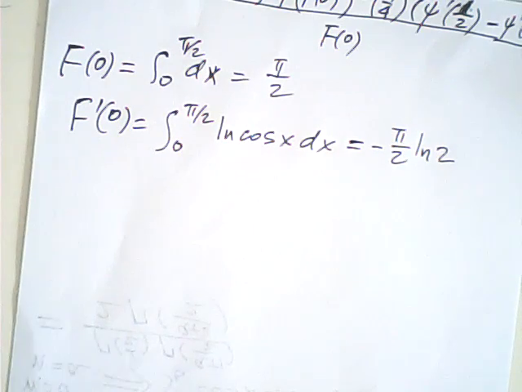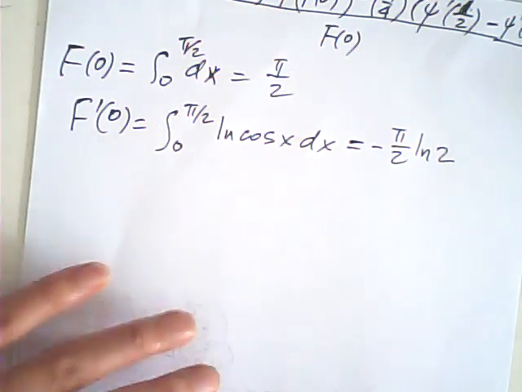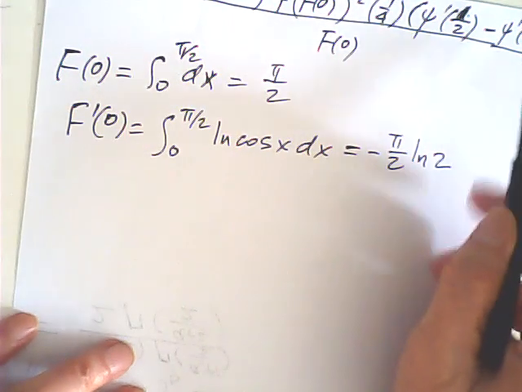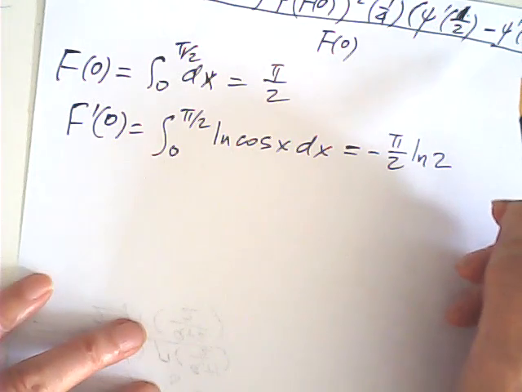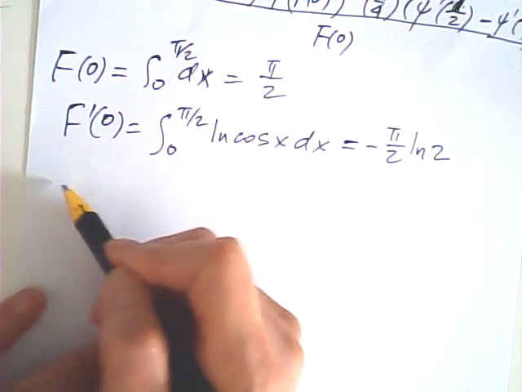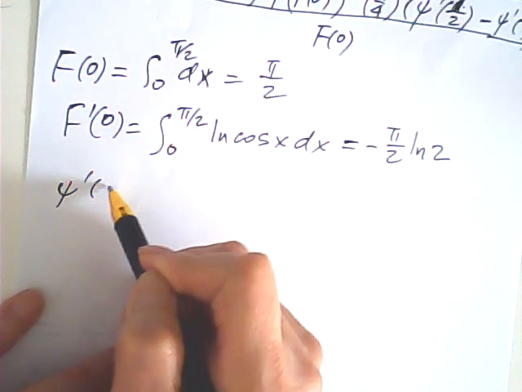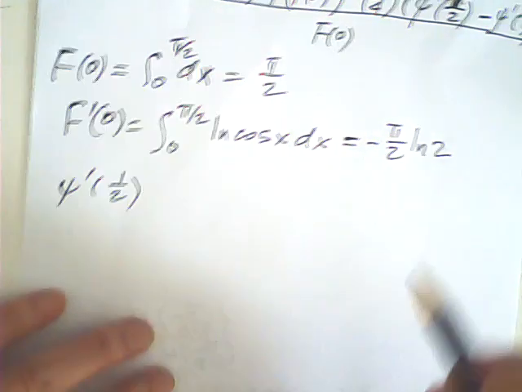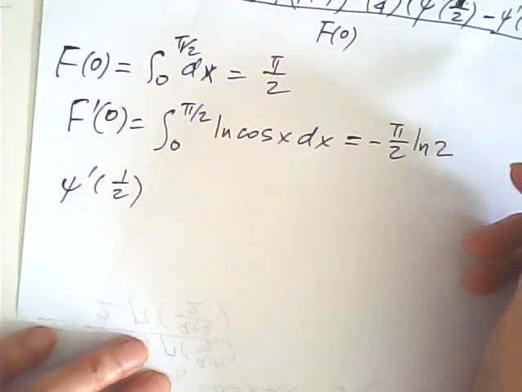This should be okay. Now, what are left? We need this. We need that, right? We need trigamma of a half and trigamma of 1.